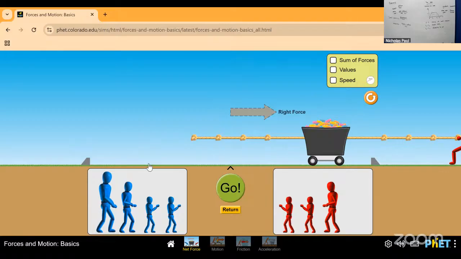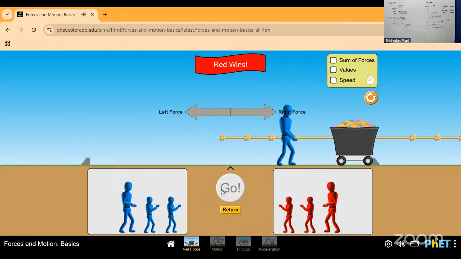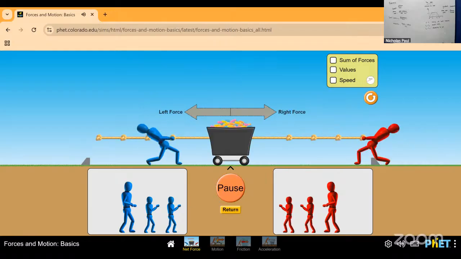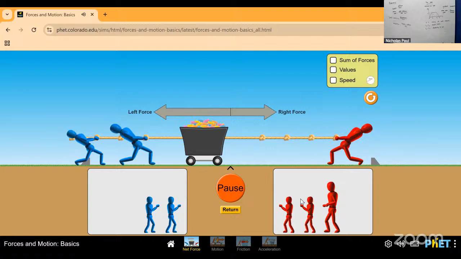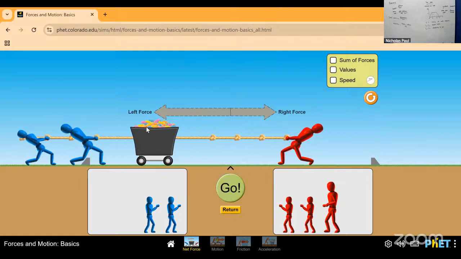Unless an external force makes it behave differently. So an object will stay moving in a straight line unless an external force makes it behave differently. Okay?